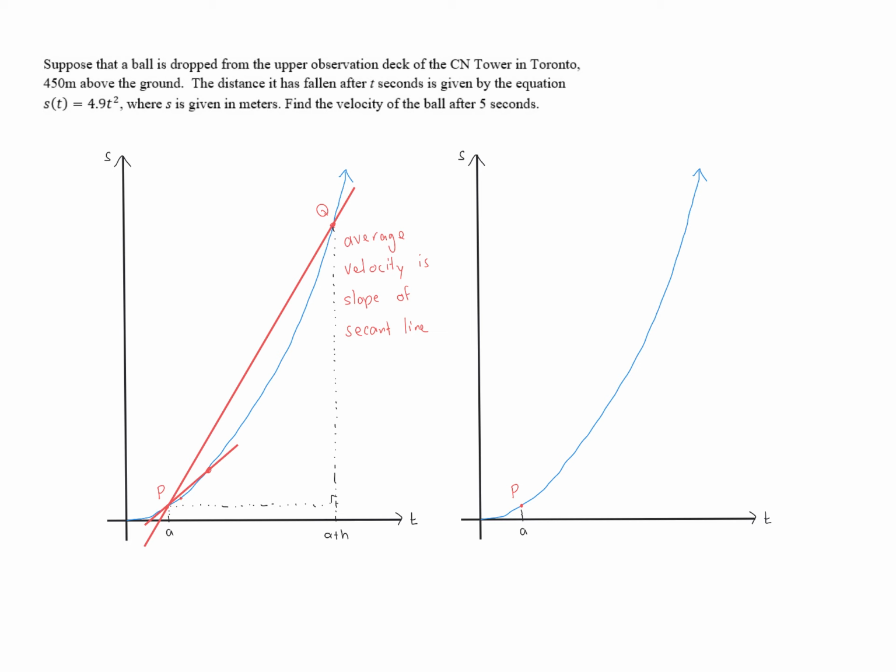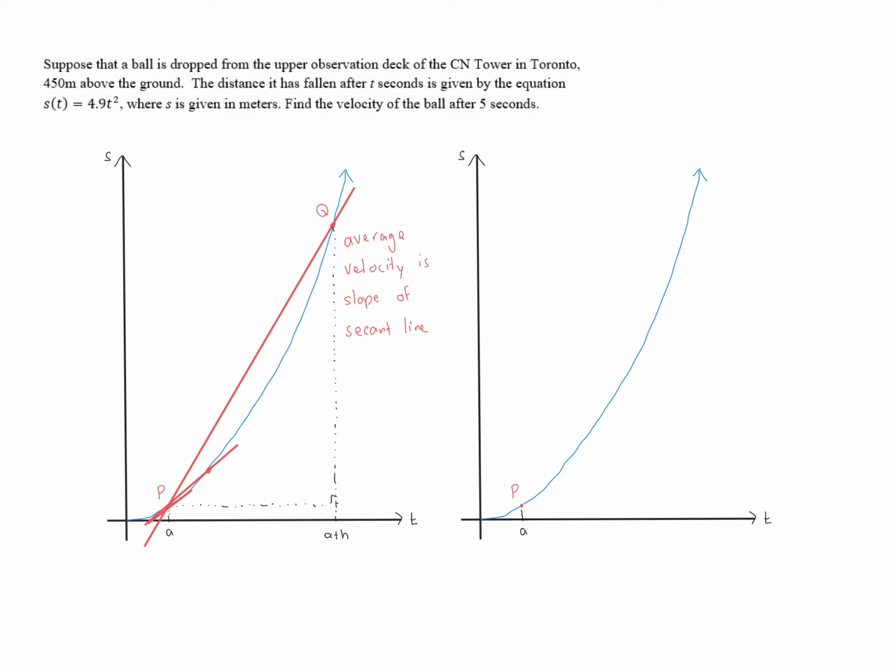We looked from 5 seconds to 5.1 seconds. And it's a little bit harder to draw this, but we end up with another secant line. And each of these average velocities, when we're taking a smaller and smaller interval, is giving us the slope of a different secant line.